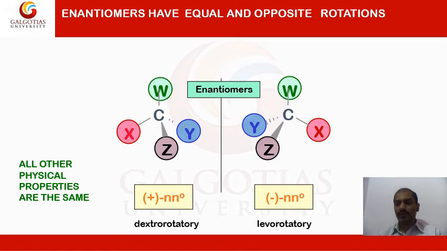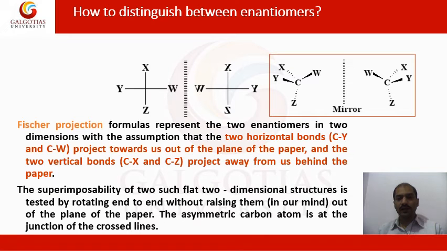So it is very important to see which form it is, either dextrorotatory or levorotatory, and that needs to be addressed when any product is being synthesized in the chemical laboratory. So how do we distinguish between enantiomers?